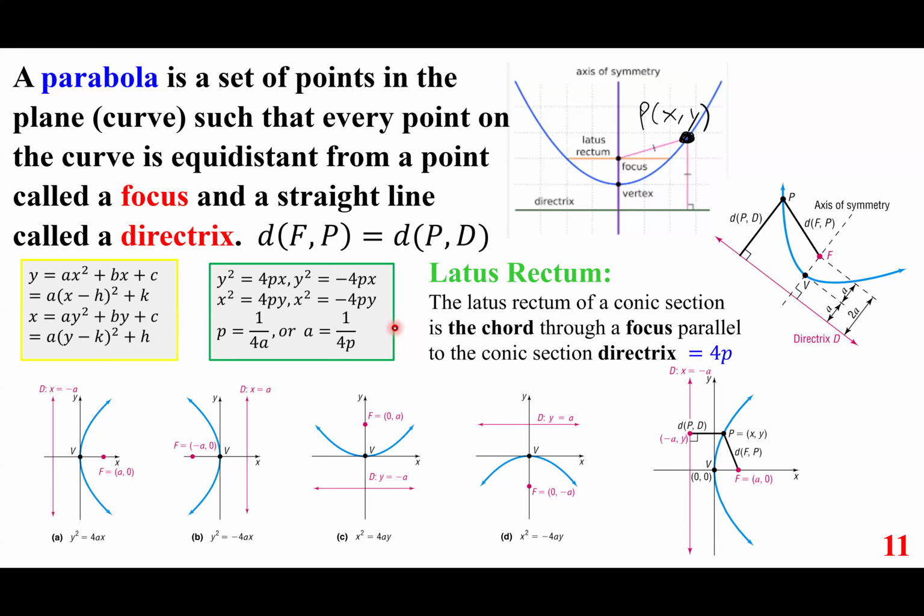The latus rectum of a conic section is the chord line segment through the focus parallel to the conic section's directrix, and it has the size 4p. This distance is 4p.